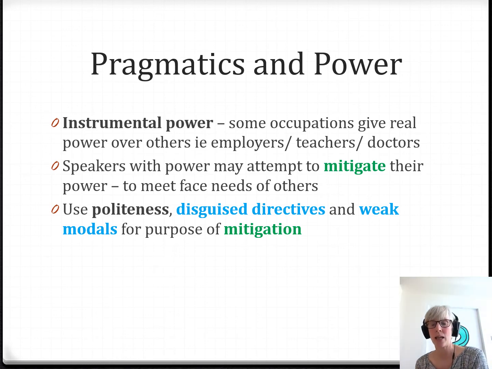So when you mitigate your power, you try to make it less brute, less obvious. And we've talked about some of the ways in which bosses and teachers will try to mitigate their power at work by being polite, by using disguised directives rather than blunt orders. So turning imperatives into questions or statements, and using weak modals like may, might, could, should. Those are ways in which you can mitigate your power.